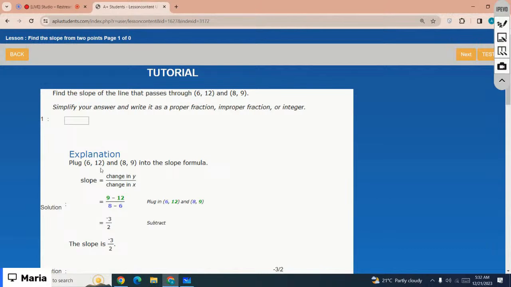Just use the formula that is slope equals change in y divided by change in x. So calculate the change in y and then the change in x, right?